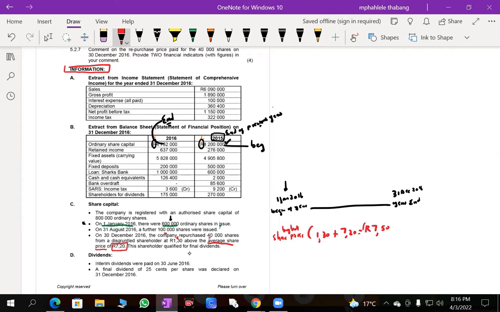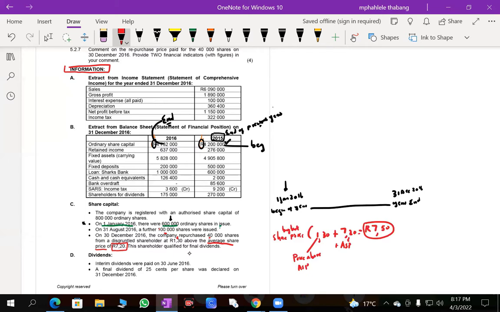Then we take the average share price, which is 7.20 in this case. 130 is what we call the price above the average share price.